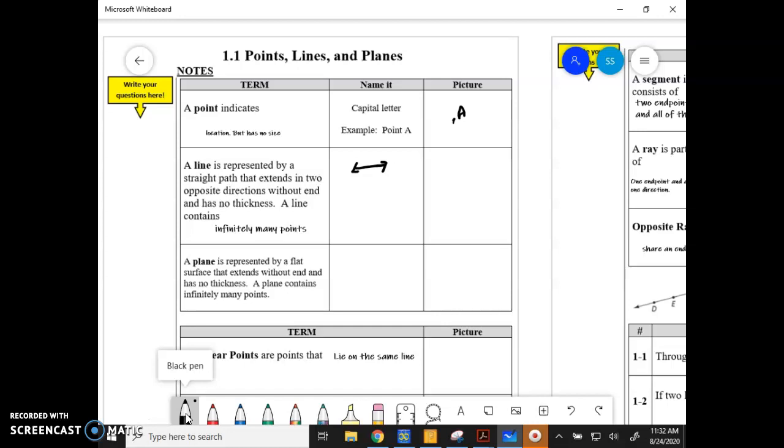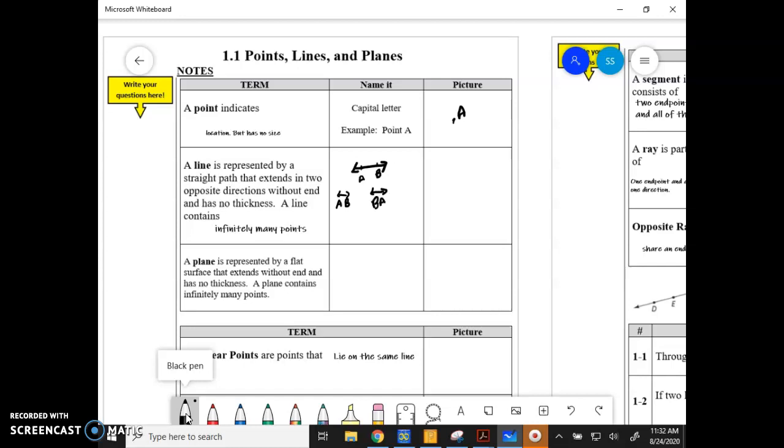If we have a point here and here, and we call these points A and B, we can label this by putting the line on top, AB. It doesn't really matter the direction of this. We could call it BA.